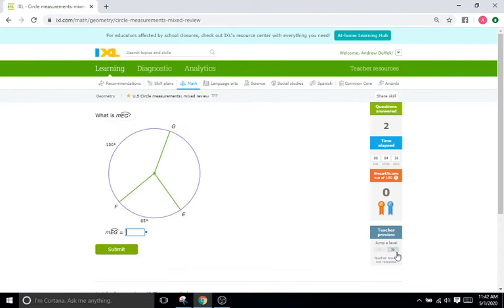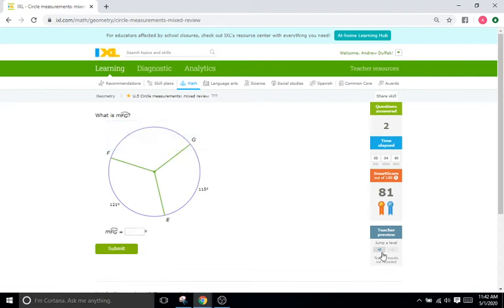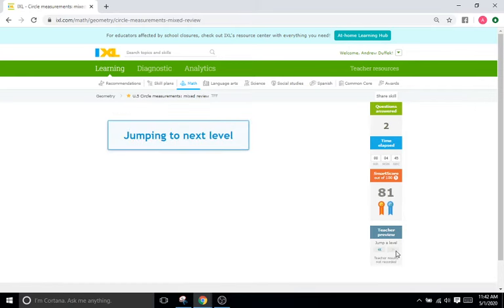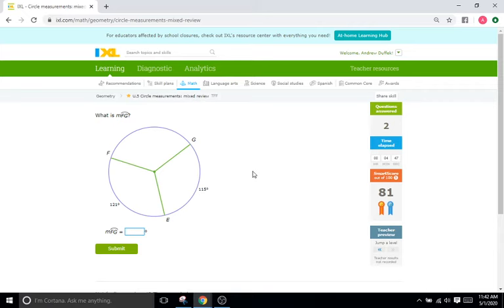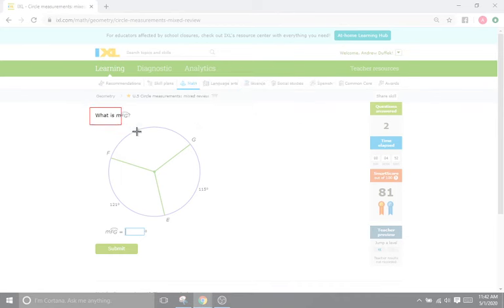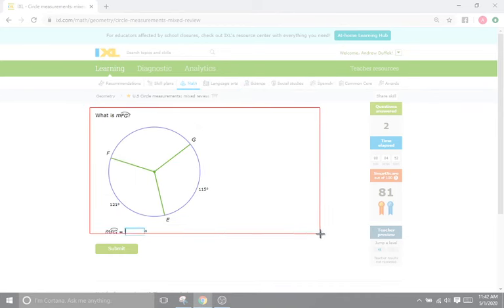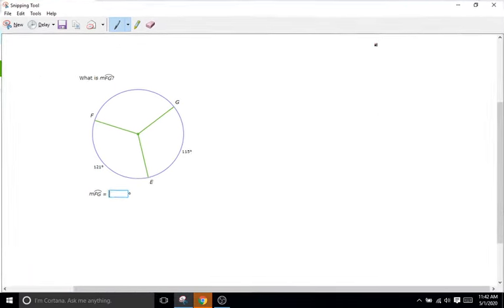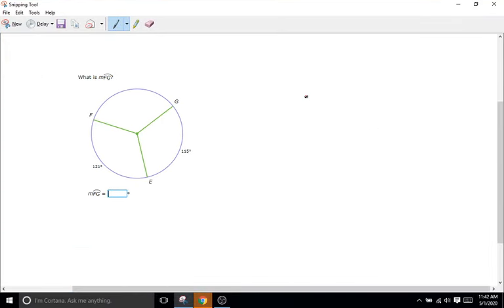Well, it looks like these are most of the problems you're going to see. I can try to do this problem up here to see if it populates a new one. But if not, just know that you just have to revisit S7, U2, U3, and U4, and you're pretty solid on the material for this IXL.